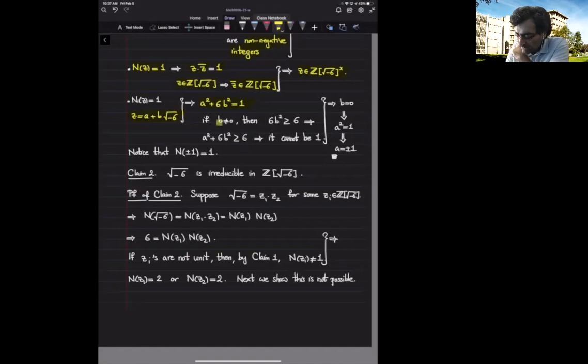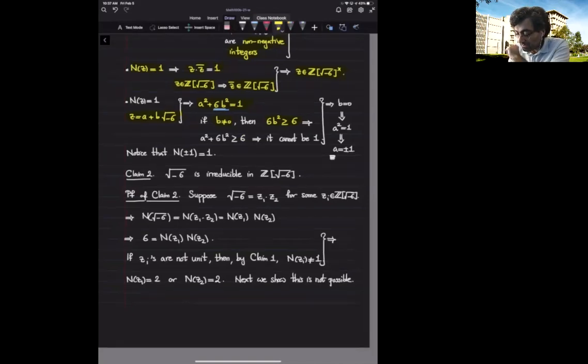If b is not 0, then the second term is at least 6. Because when b is an integer number and it's not 0, then its square is at least 1. So 6 times b squared is at least 6. So when I add another non-negative integer, I get at least 6. It cannot be 1.